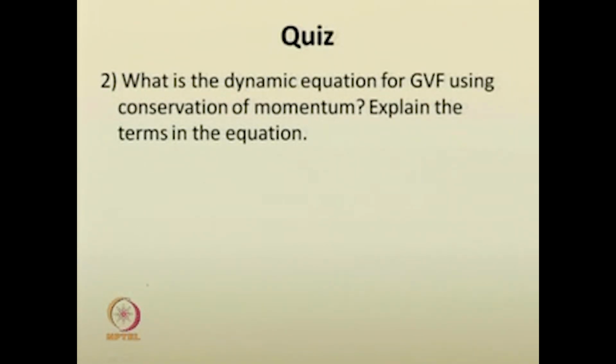So, the solution for the second question, you were asked what is the dynamic equation for gradually varied flow using conservation of momentum. We had derived that equation, if you recall.